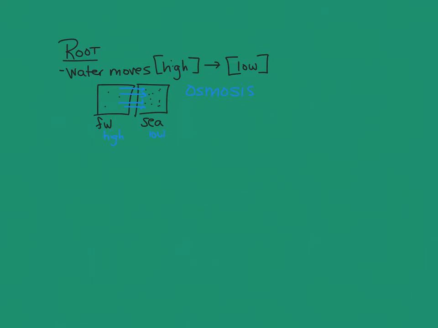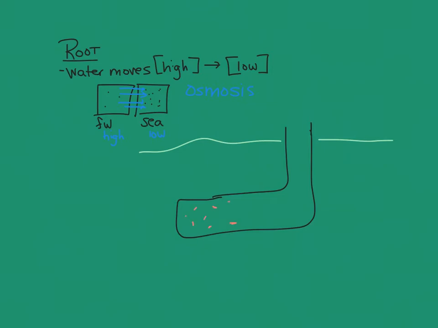When you think of it in terms of a root system, pardon my inability to draw, think of your roots sticking in the ground, so you're underground here. If the roots and tissues have enough solutes, and you have water outside with fewer solutes than inside, the water is naturally going to flood into the cells of the roots.